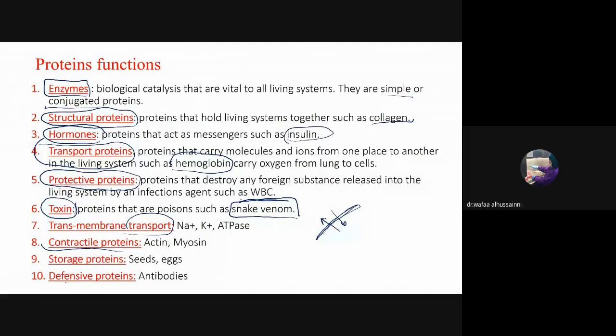And also proteins can work as storage like eggs and seeds. وكذلك defense mechanism in our system are proteins such as antibodies. So the antibodies that we make against any foreign bodies in our system are also proteins.